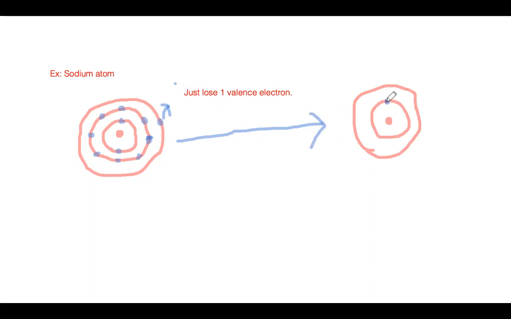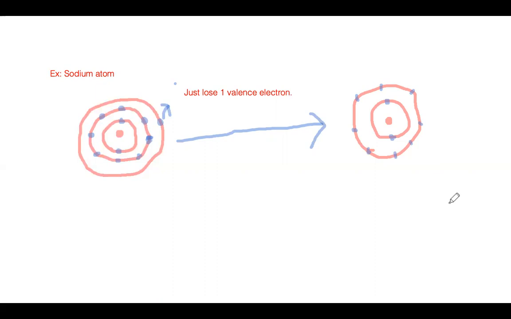I'm just copying the first two shells. I'm not going to draw the third shell because already it lost the third shell electron. Okay, now this is the new configuration.